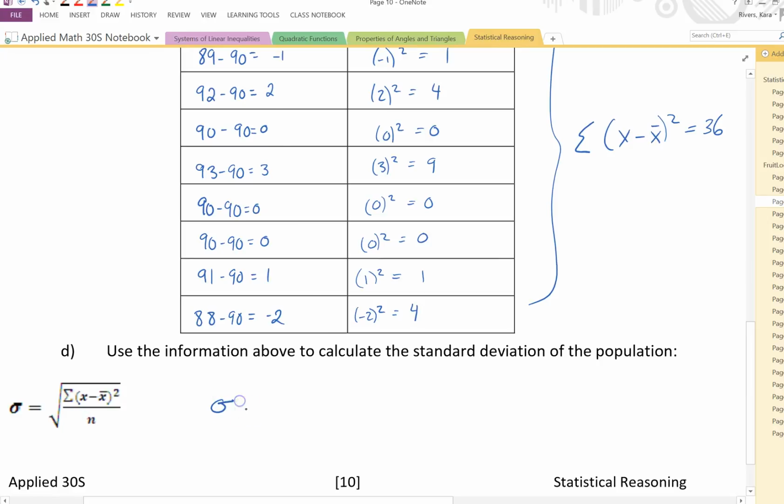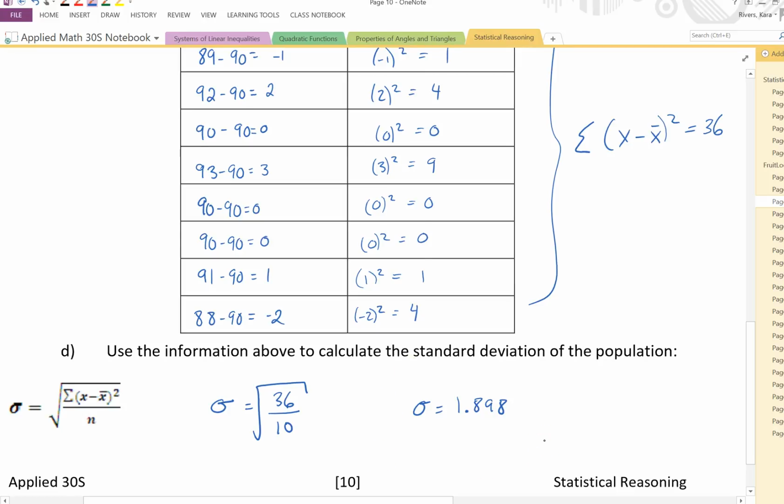So sigma is equal to the square root of 36 divided by n. We've got 10 values here, and the whole thing, top and bottom, is all square rooted. Plug that into your calculator and you get the standard deviation is 1.898. What does that mean? Like, we've done all this work, but what does that mean?